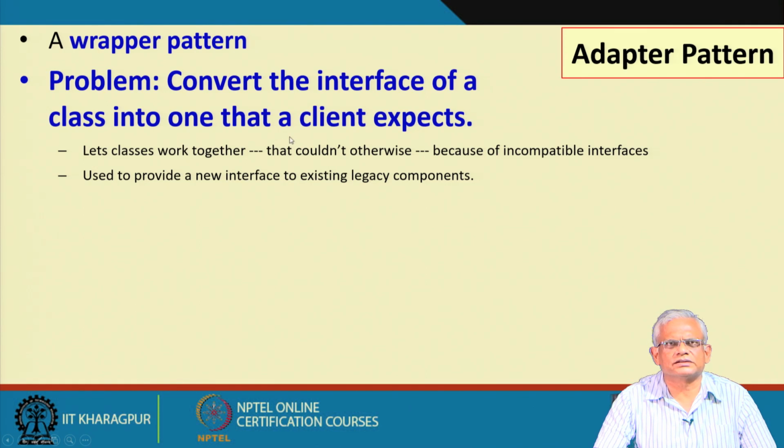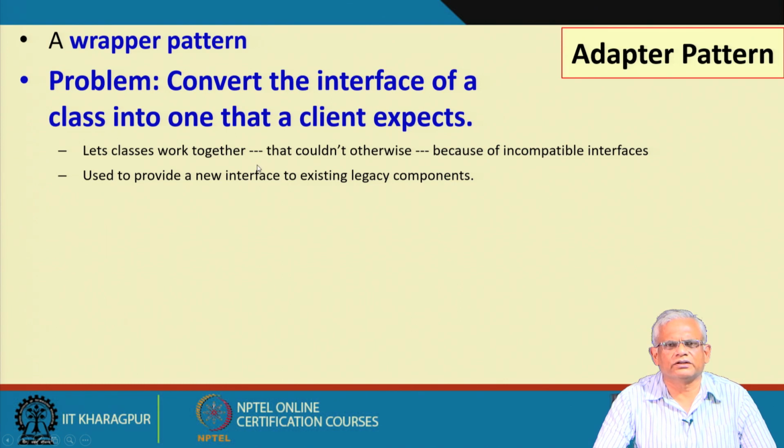The client class uses the interface PQR, and the server has the interface LMN, and the adapter will convert PQR into LMN. When P is called, the adapter will internally make a call to method L. It makes classes work together.